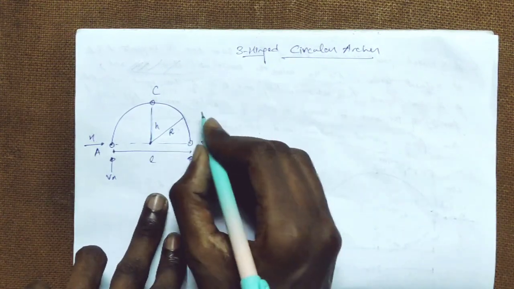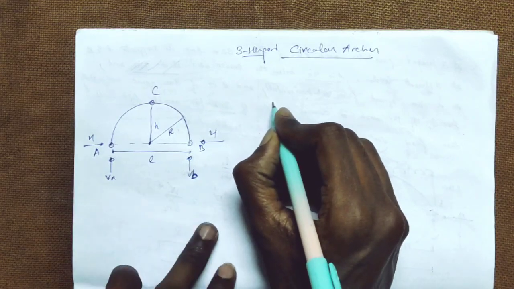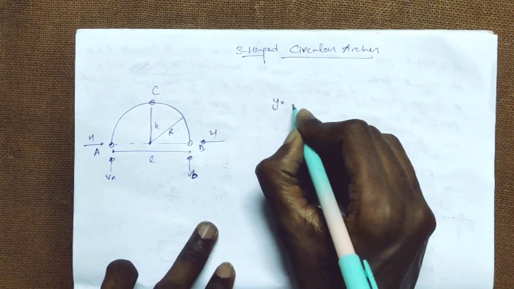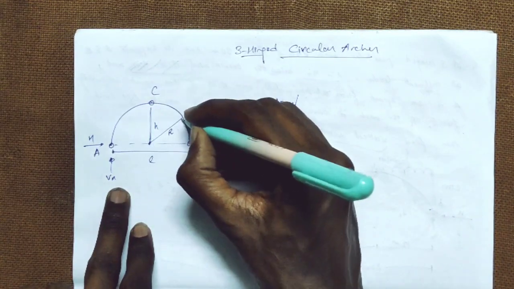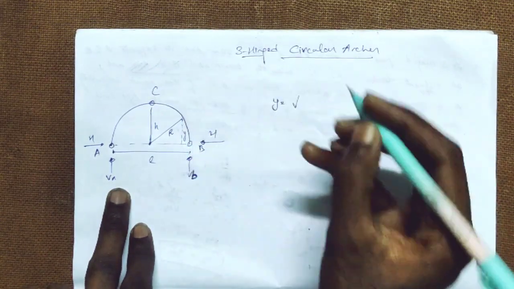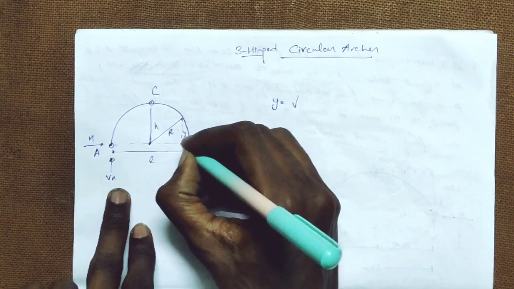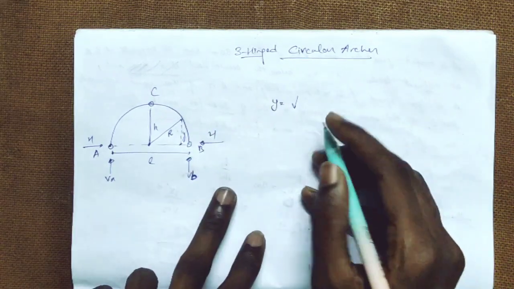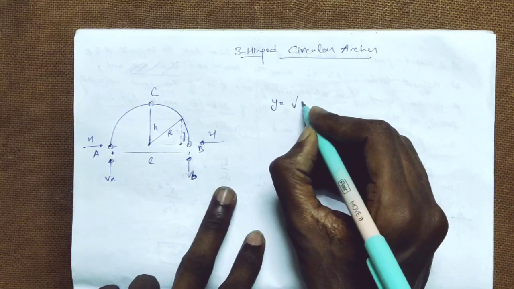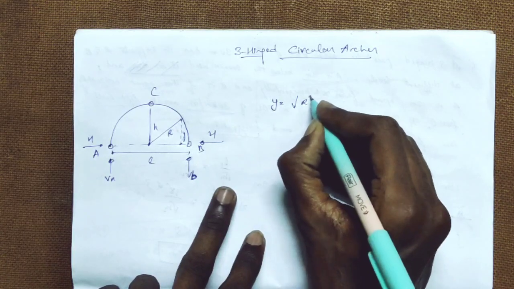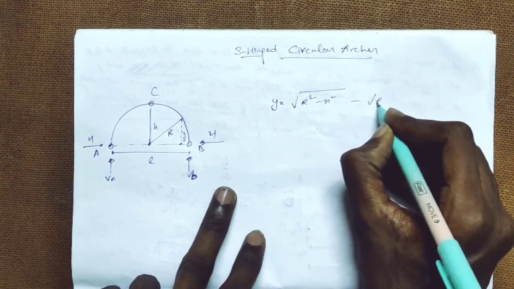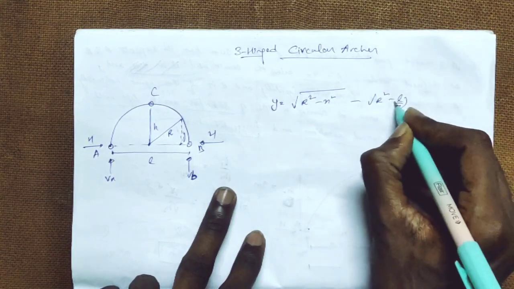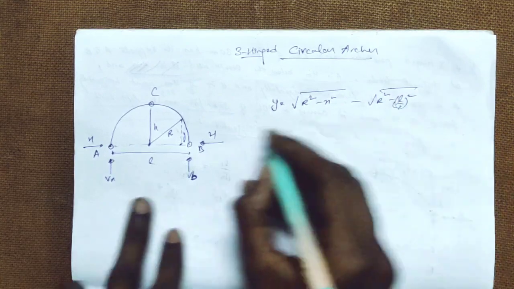So for any circular arch, what will be the Y? This will be the Y, right? As we discussed in parabolic arches, Y will be equal to the square root of R square minus X square, minus the square root of R square minus L square, whole square.